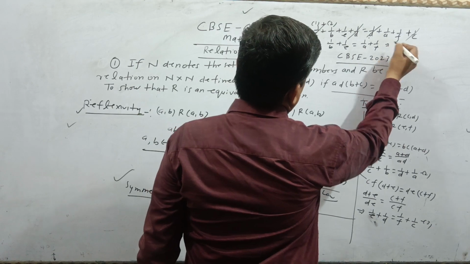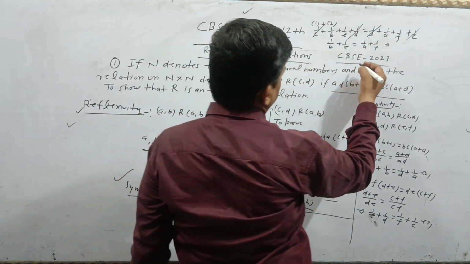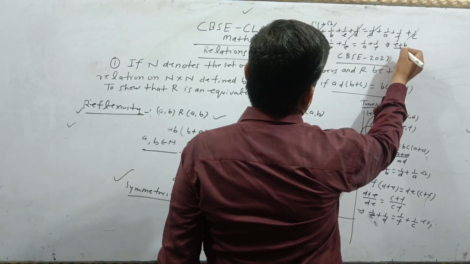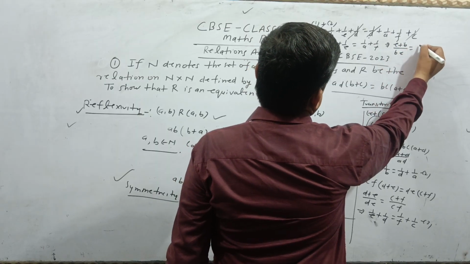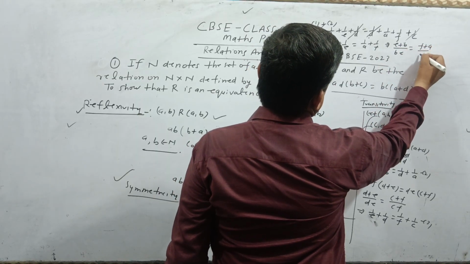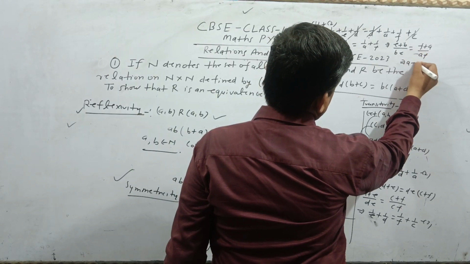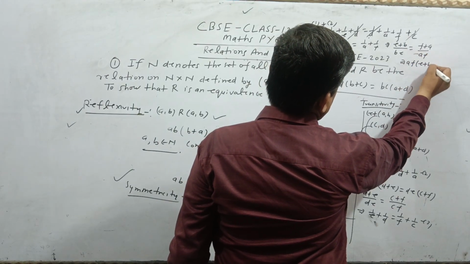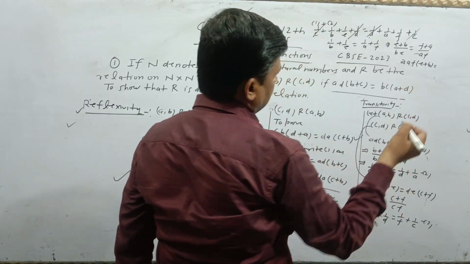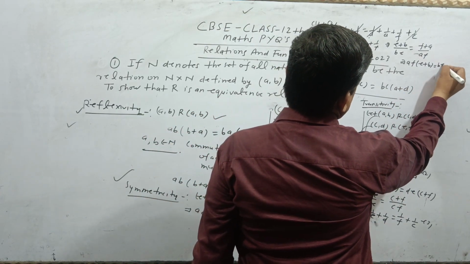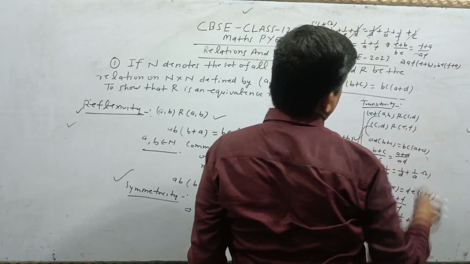After taking the LCM, you can write E plus B upon BE is equal to F plus A upon AF. You can write it AF(E plus B) is equal to BE(F plus A).